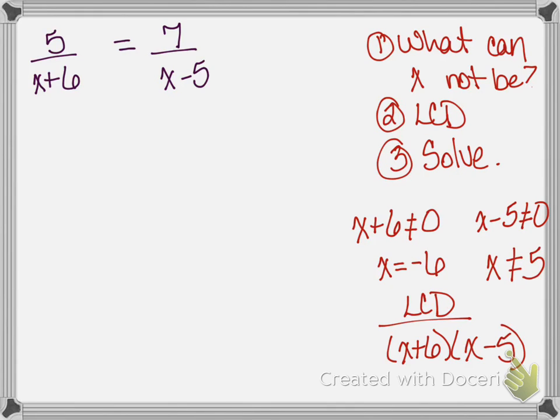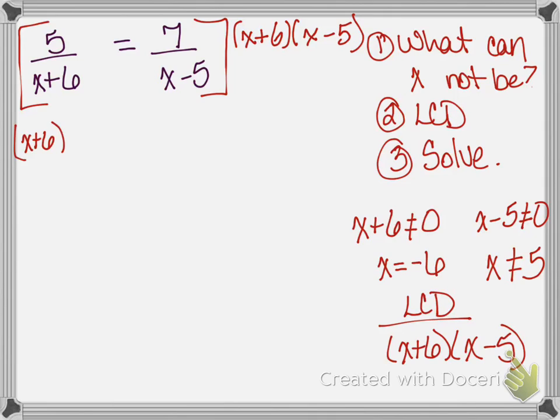So we are going to multiply all of this times x plus 6 and x minus 5. So we have x plus 6 times x minus 5 over 1, and we are multiplying that times 5 over x plus 6.